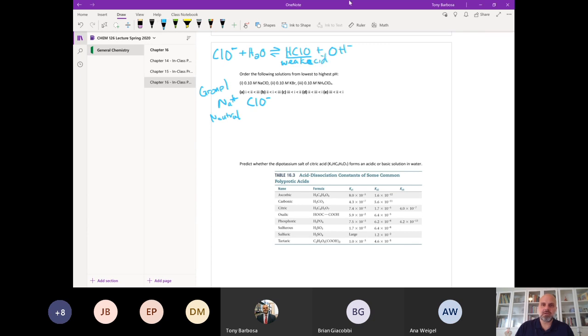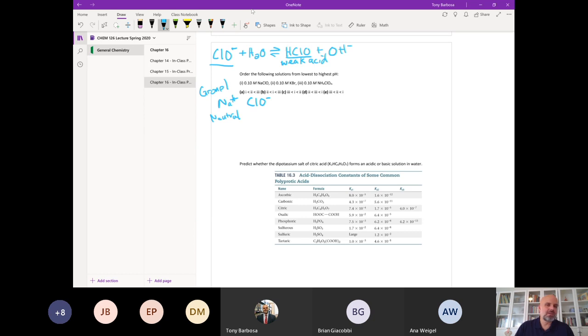Fix that handwriting. All right, so we have a weak acid here. So if that's a weak acid, would ClO minus be a weak base, strong base, a non-base?